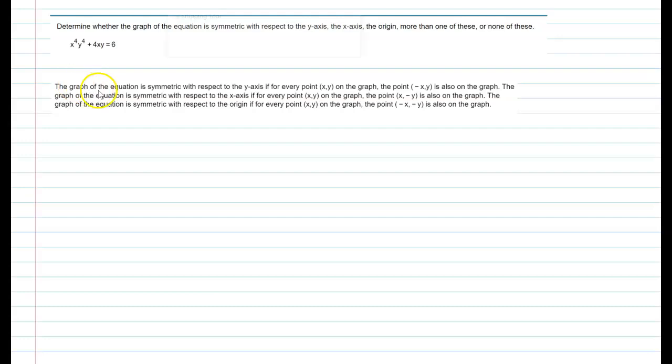Now, let's review. The graph of the equation is symmetric with respect to the y-axis if for every point (x, y) on the graph, the point (-x, y) is also on the graph. So what does that mean?